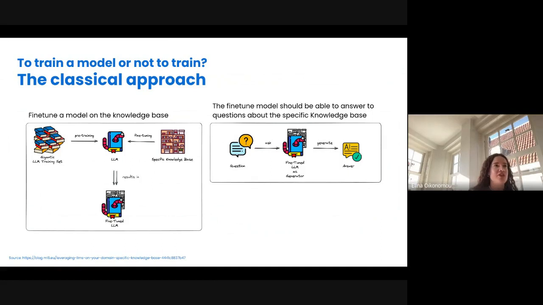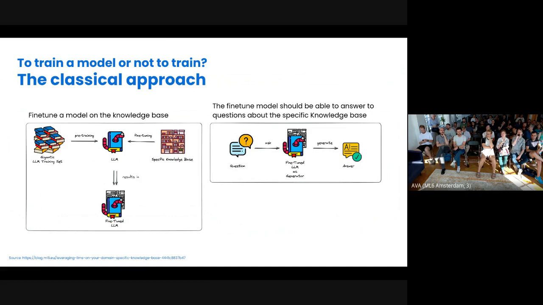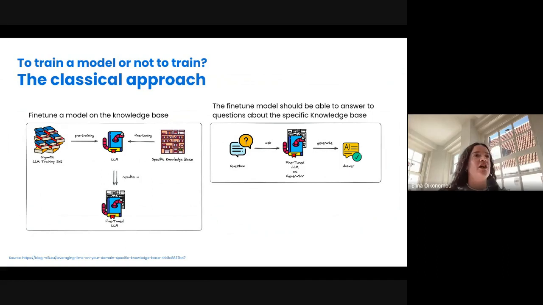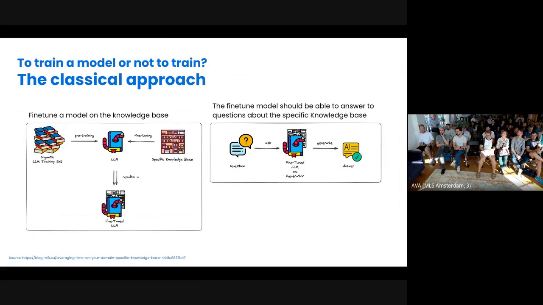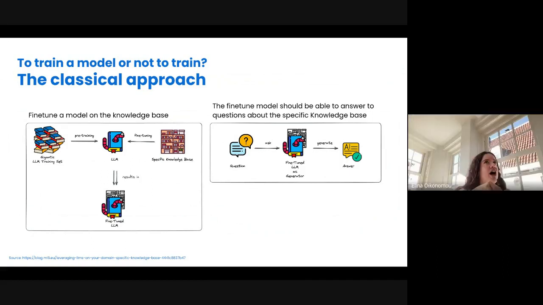However, there are a few challenges with this. First of all, when we get a reply, we cannot pinpoint what was the source of this reply and whether it belongs to our knowledge base or from the generic knowledge base. We cannot have fine-grained control of who has access to what information.